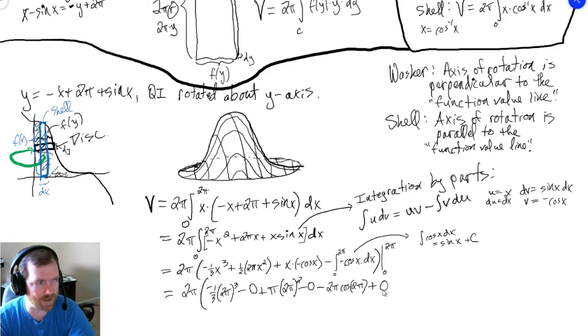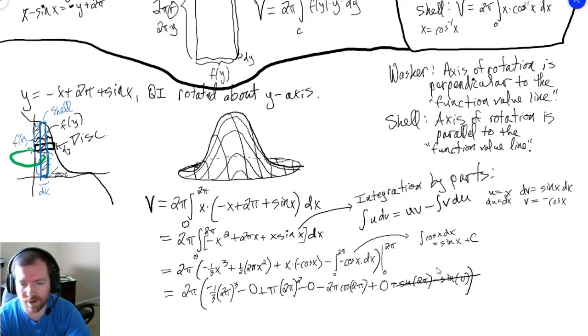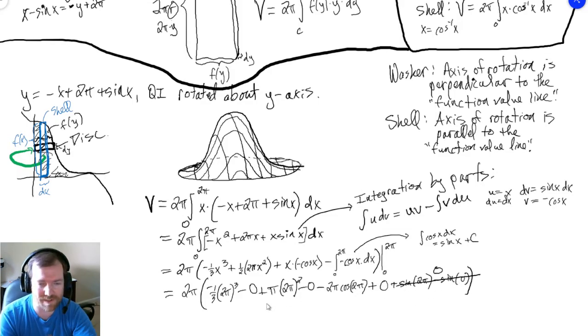It's just going to end up subtracting. Alright, so this is going to be a plus sine of 2 pi minus the sine of 0, which both of these are 0 anyway, so it didn't really matter. But you need to show that at least to be like, okay, I'm taking into account these things.